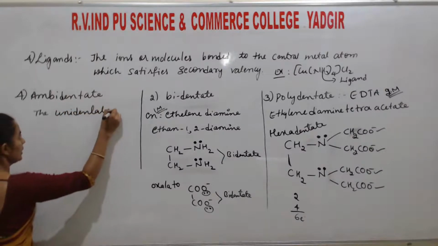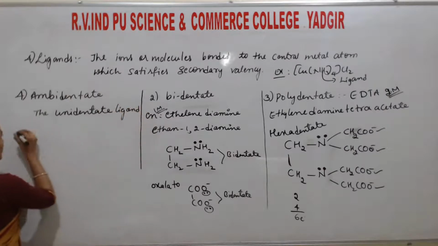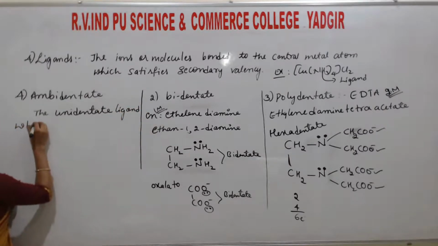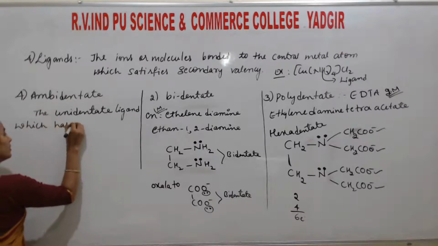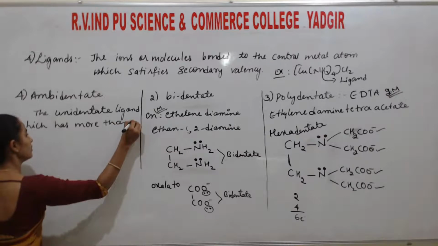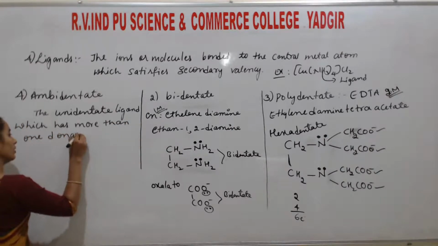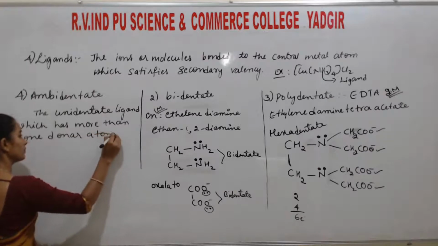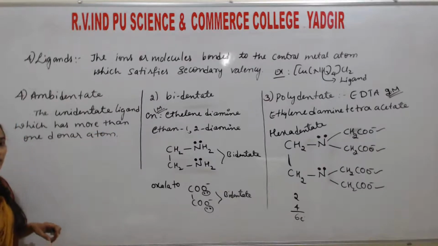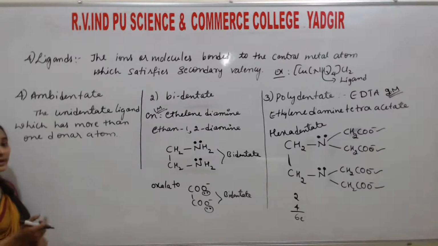The unidentate ligand which has more than one donor atom is called an ambidentate ligand.